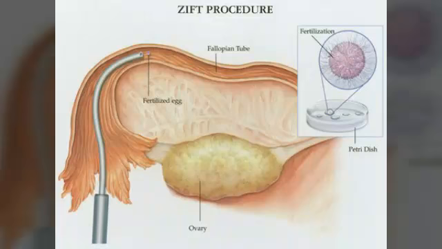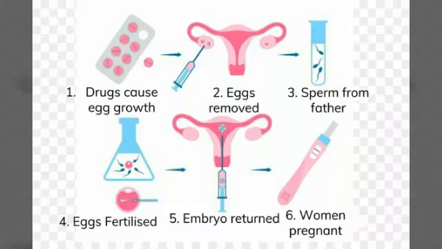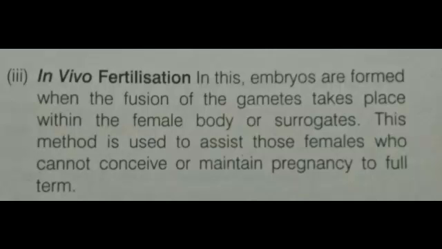Then when it converts into a zygote, it is inserted into the fallopian tube, which is called zygote intra-Fallopian transfer. So this is the process through which it takes place. First, drugs cause egg growth, then the egg is removed and sperm is taken from the father, then fusion of the male gamete with the female gamete takes place.